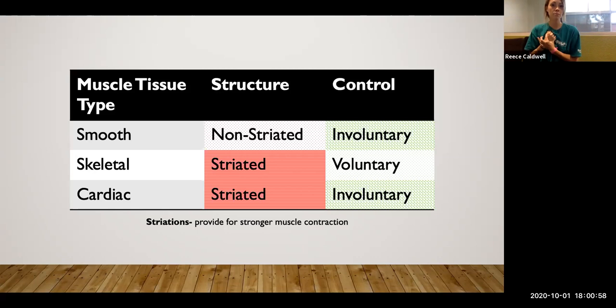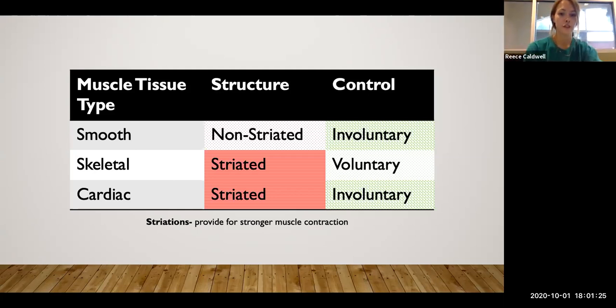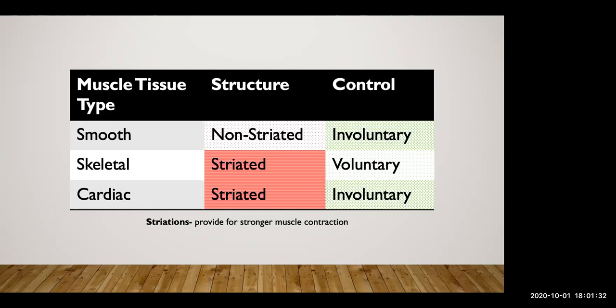This little tiny muscle has to pump blood all the way against gravity to the top of our heads, all the way to our fingers, all the way to our toes. I'm 6 foot tall. That's a really long way to get to. So we need striations in our cardiac tissue so it can have a strong contraction to get that blood all the way down to the toes, to the top of the head, and to our fingers. So smooth is non-striated, we don't want those strong contractions. Skeletal and cardiac are striated, so we can have those strong contractions.